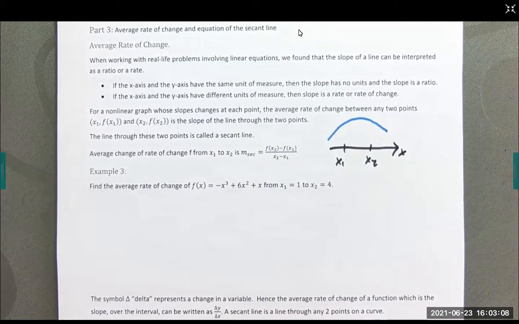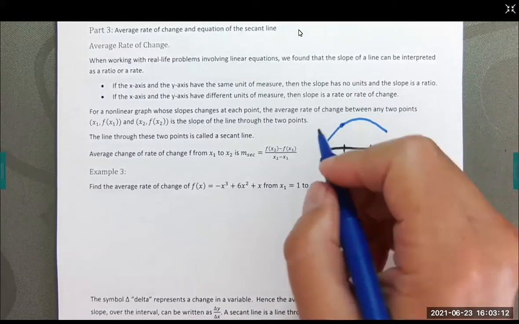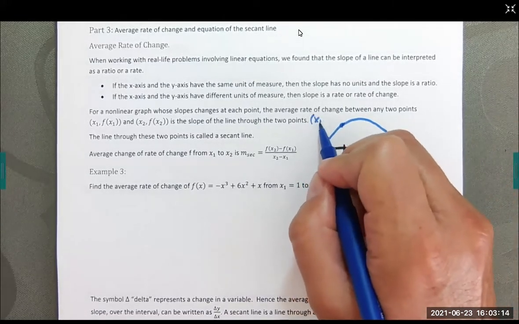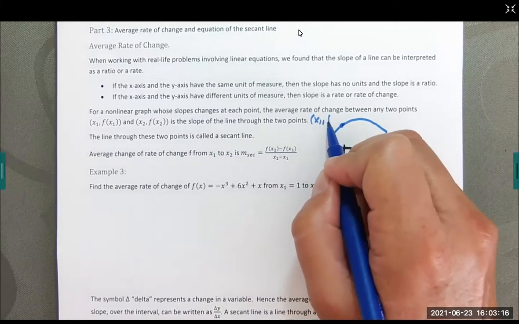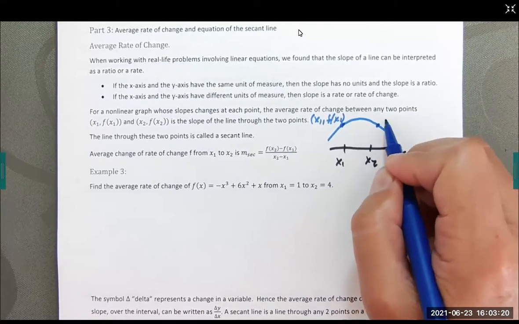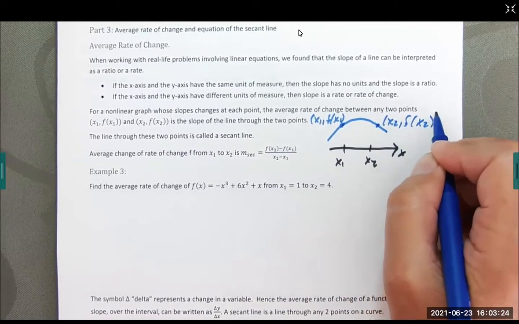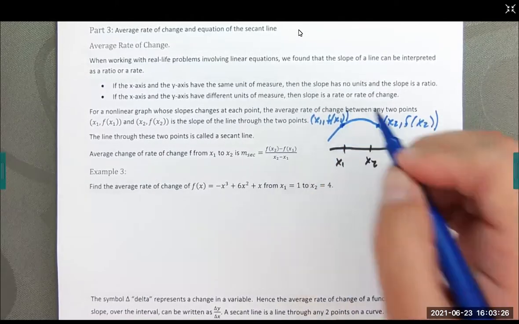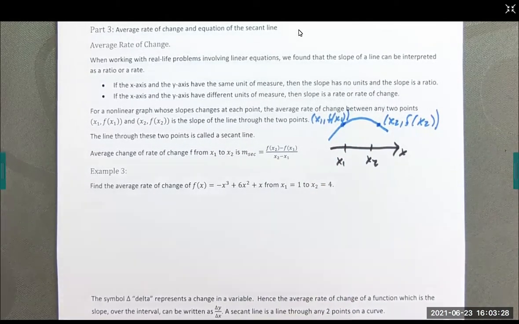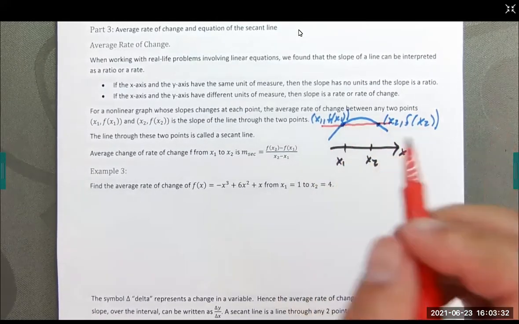And this is the point x sub 1, f of x sub 1. And this is the point x sub 2, f of x sub 2. And the line that goes through them is called a secant line.